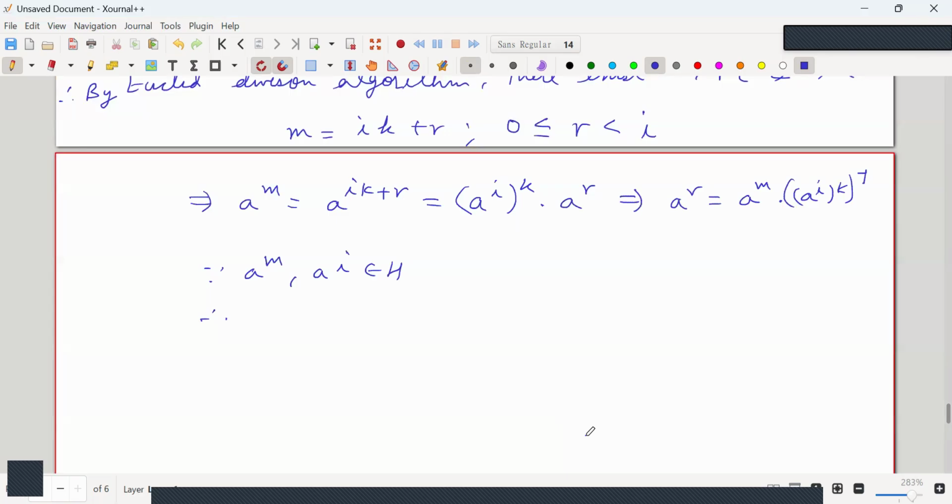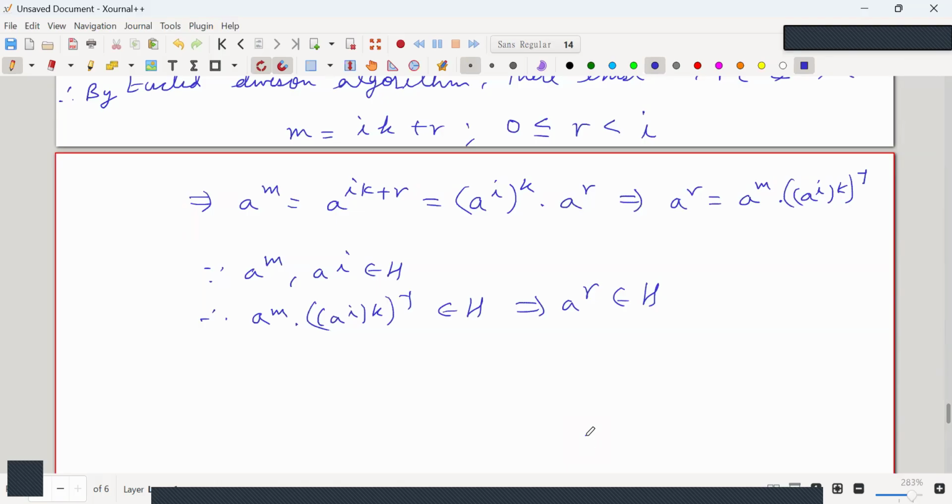So this thing a^m times (a^ik) inverse, actually this is just a raised to m minus ik, but I'm just writing it like that. This is also inside H, which implies a^r is inside H, right?